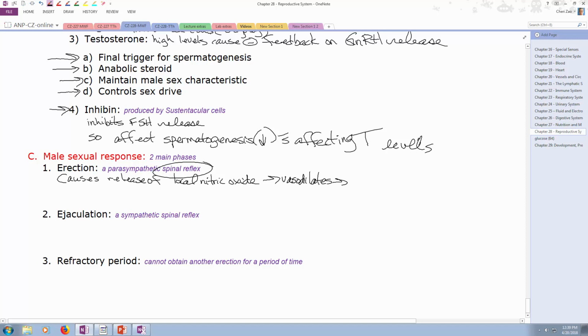With the vasodilation, what will happen is our corpora will fill, and the weight compresses venous outflow.